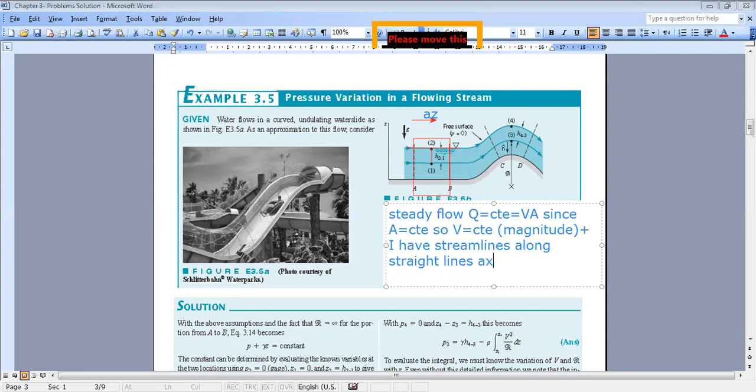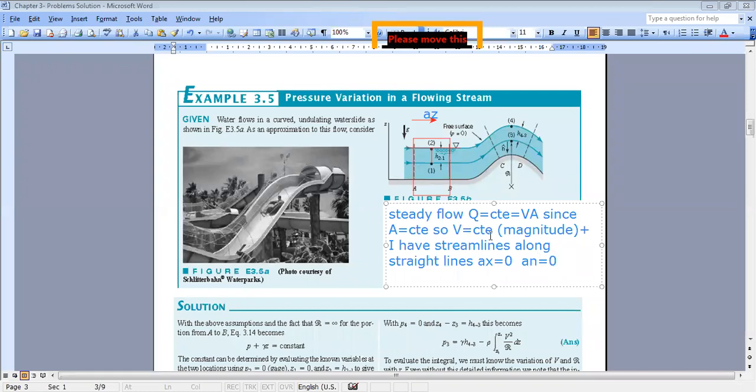Please, the idea of acceleration is very important. In the first part of the course, you have seen streamwise acceleration and normal acceleration, so pay attention to the difference between the two. In this problem, first you have no normal acceleration here, because it's rectilinear. A normal is 0 because it's a straight line.